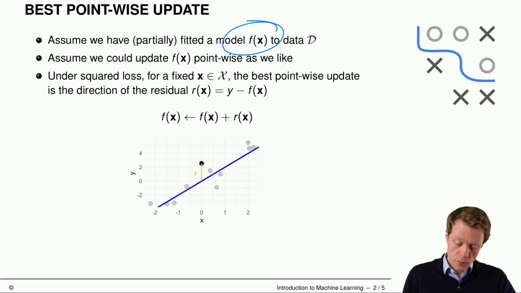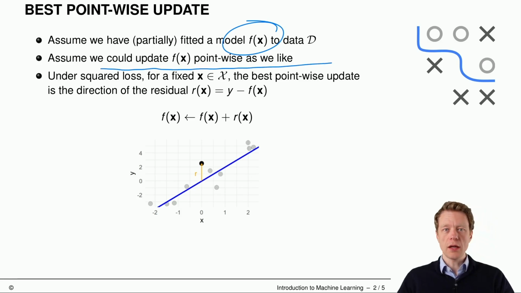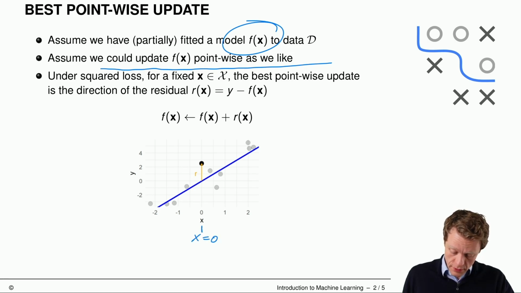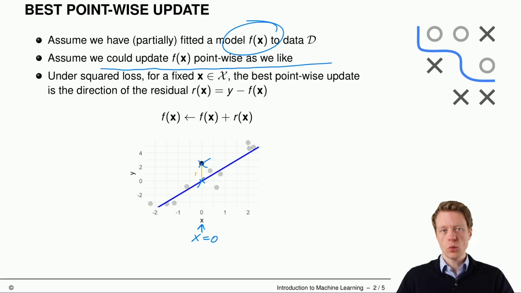And now we assume that we could update f of x point-wise as we like. So if we look at x equals 0, that's here, f of x would be 0, but y would be 2 point something, right? So we have a positive residual, and we would like to get that residual to 0.